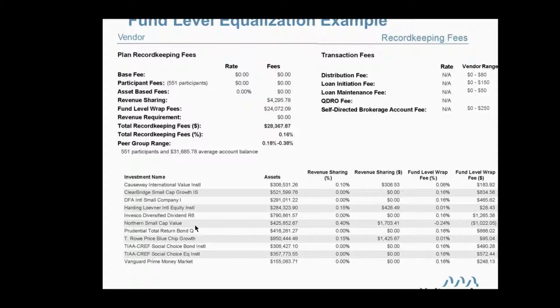But if I go down to Northern, it pays 40 basis points, so the revenue sharing is $1,700, but that is far in excess of what the plan sponsor needs, or what the record keeper needs. So 24 basis points will be allocated back to the Northern Small Cap Fund.